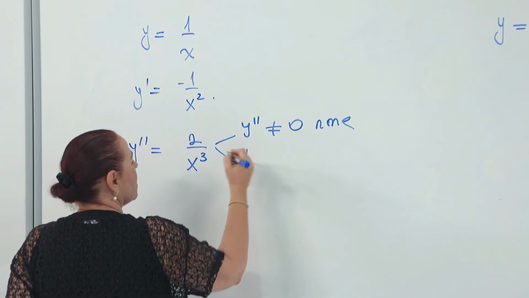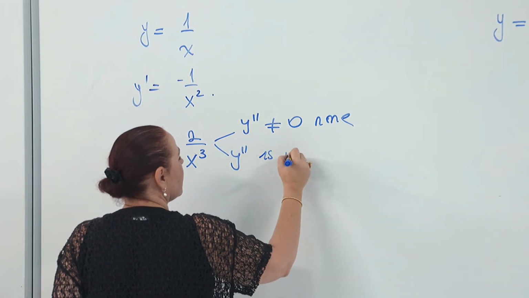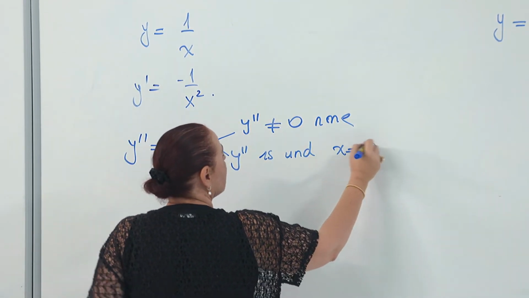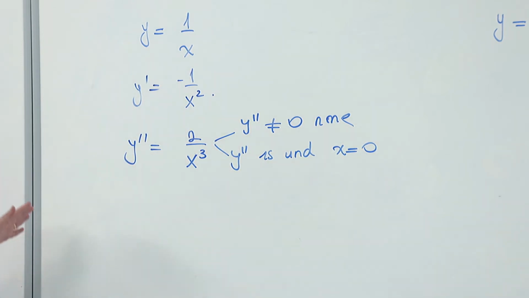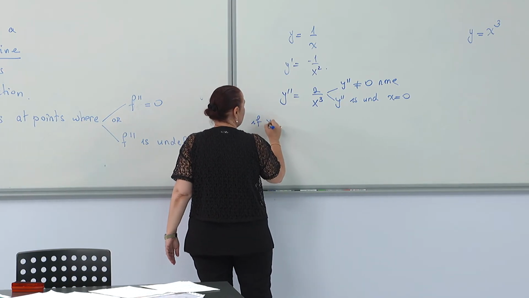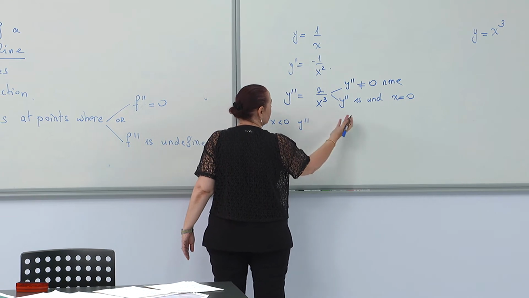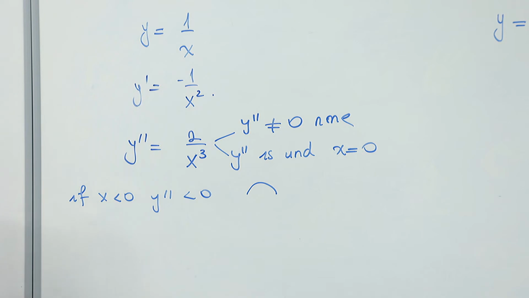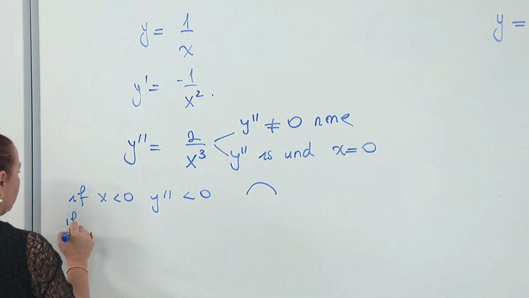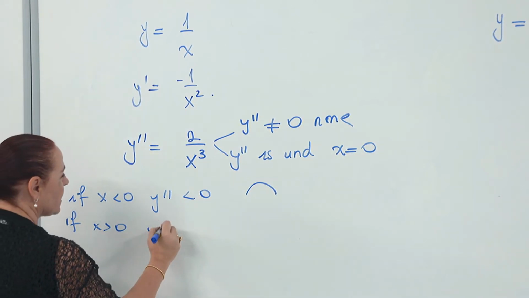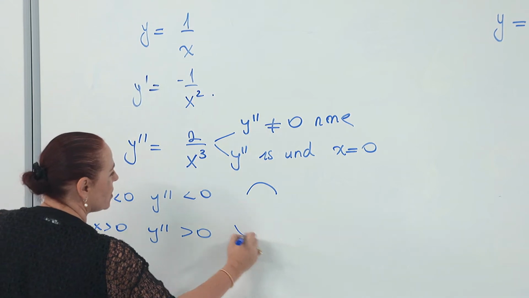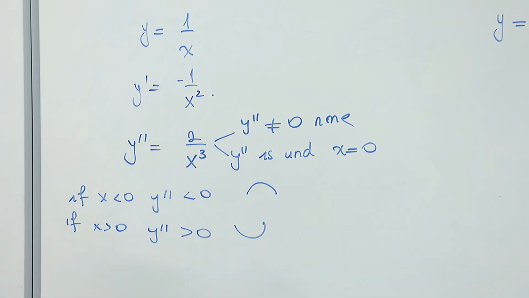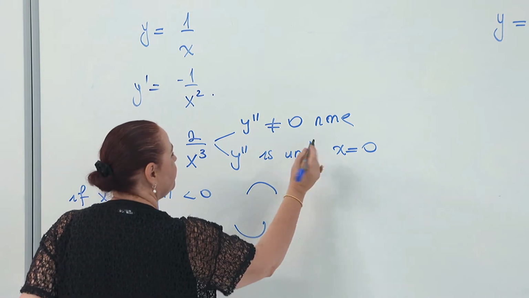The points where the second derivative is undefined, it's x equals 0. So if x is negative, the second derivative is going to be negative, which is going to be concave down. If x is positive, the second derivative is going to be positive, which is concave up.